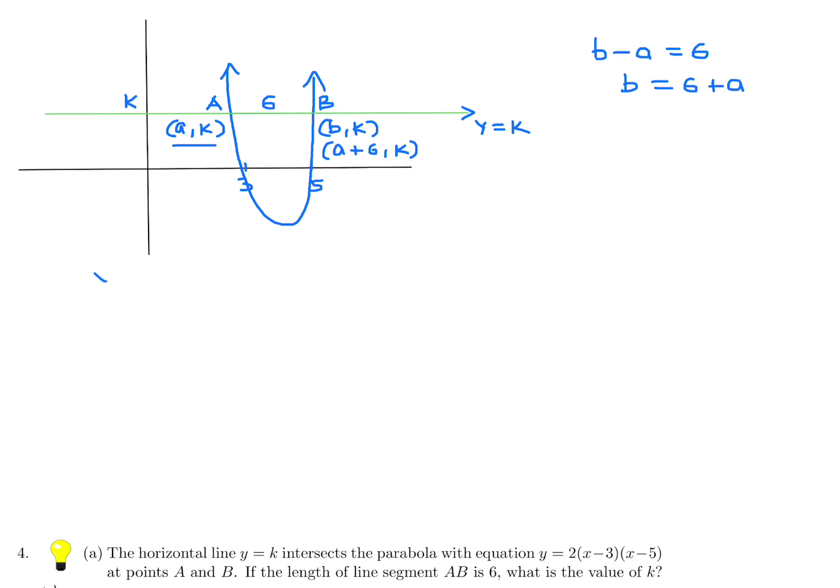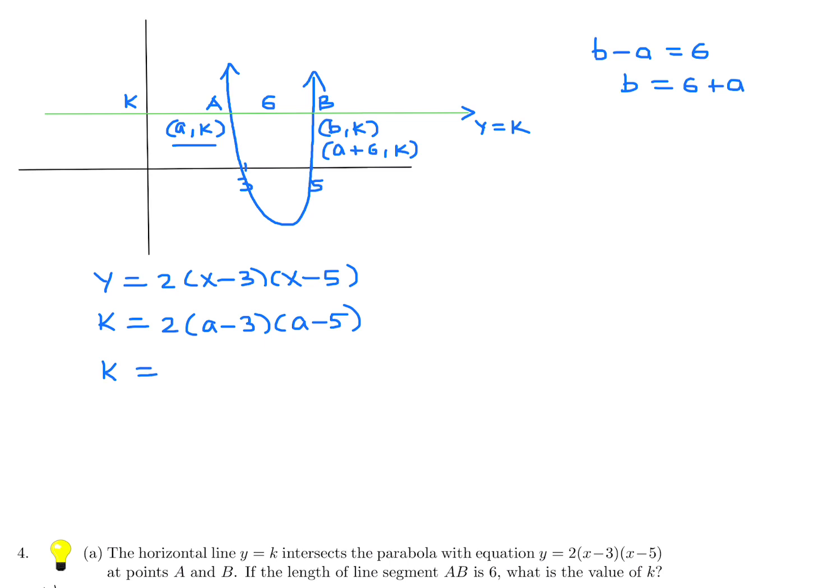The first one, for y is equal to 2 times (x minus 3) times (x minus 5), put in (a, k). So we got k for y, and then for x we have a. Like that. And then our second equation, or the same equation actually, but second point I should say, is that one. (a plus 6, k), that also satisfies that equation because it's also a point on the parabola.